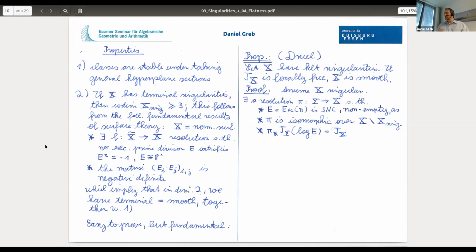This has been proven in many situations, and I think morally the only open case is normal surface singularities, but it's open in general. But here, if I assume that I know from the start that X has KLT singularities, it's true. First this was proven using the deep theorem on the extension of differential forms, but there is an easier proof found by Druel, which I want to show. So the statement is, you can detect whether a KLT space is smooth just by looking at the linearized space, which is the tangent sheaf.